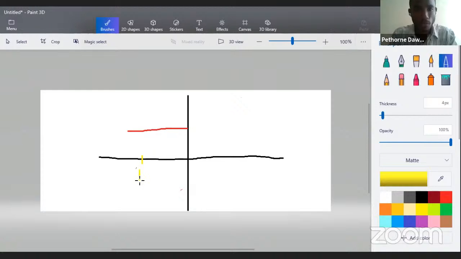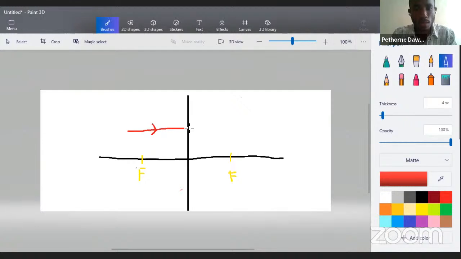This would be F on one side, and the same distance roughly on the other side would be F. This is the ray that hits the optical plane. The optical plane is this vertical line.